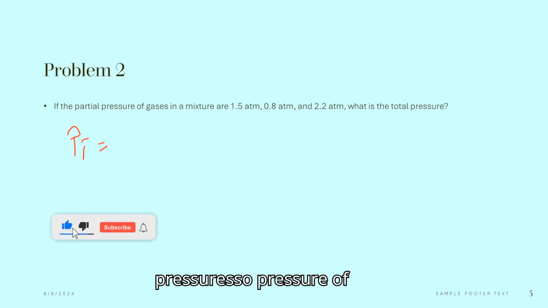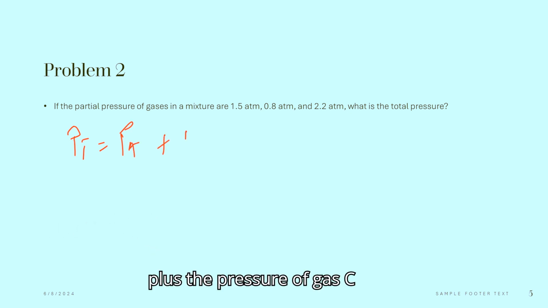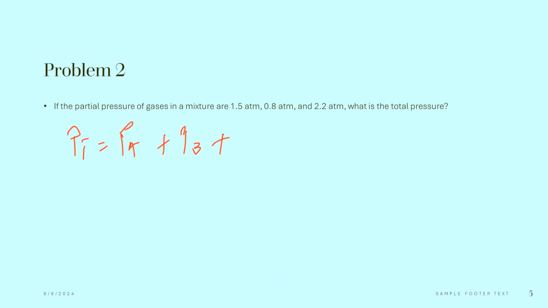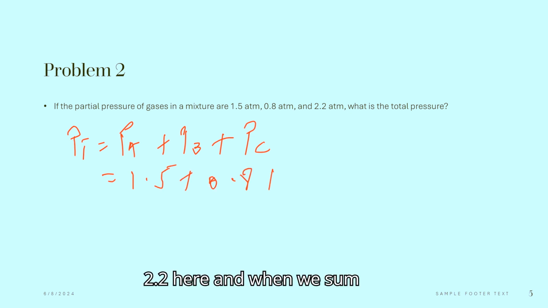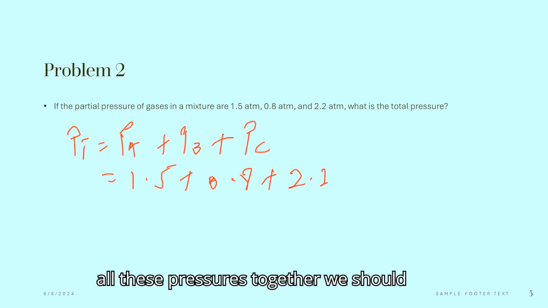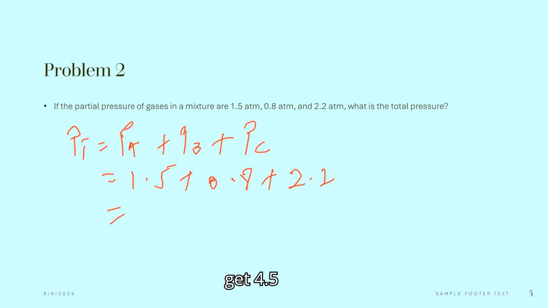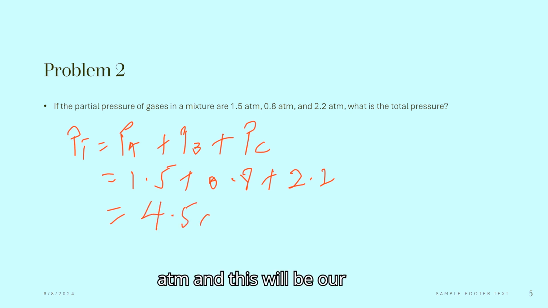So pressure of gas A plus pressure of gas B plus the pressure of gas C. We have 1.5 plus 0.8 plus 2.2. And when you sum all these pressures together, we should get 4.5 atm. And this will be our total pressure here.